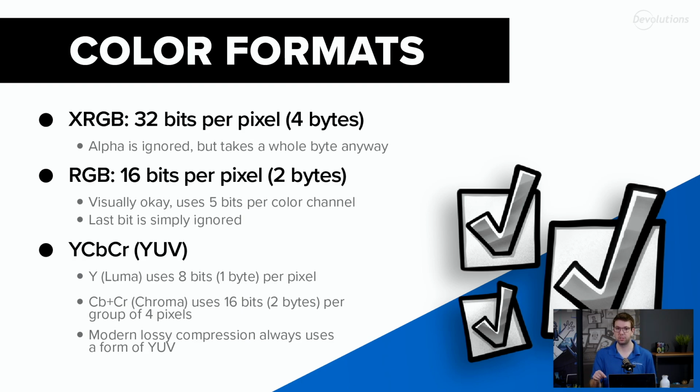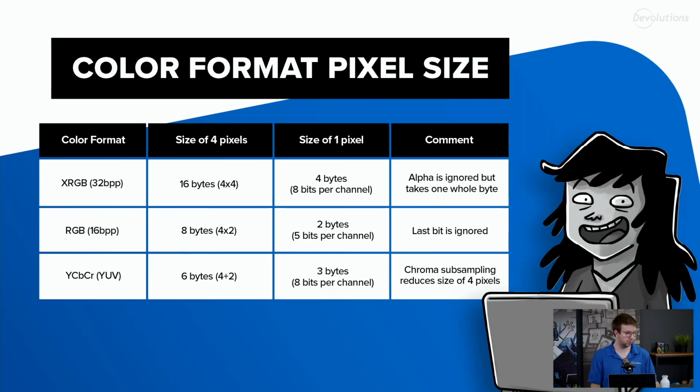By splitting them this way, it's possible to end up with a group of pixels that has more color information than you would have with RGB at 16 BPP. So zlib is not using anything modern. It's something from ancient history, if you think about it in terms of codecs. YUV is used by all modern codecs, and you only get it with the adaptive codec right now. So big difference there.